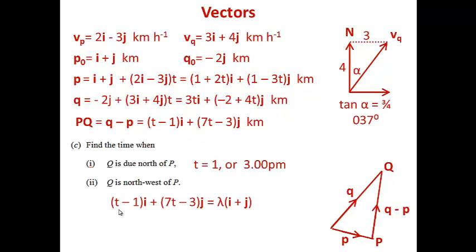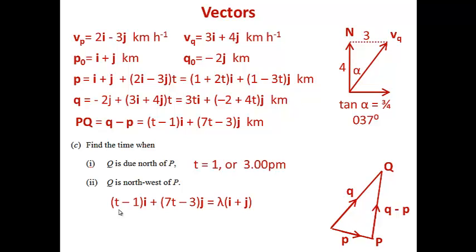Part 2. We have to calculate the time when Q is northwest of P. So we take the vector PQ and we put it equal to lambda times i plus j.